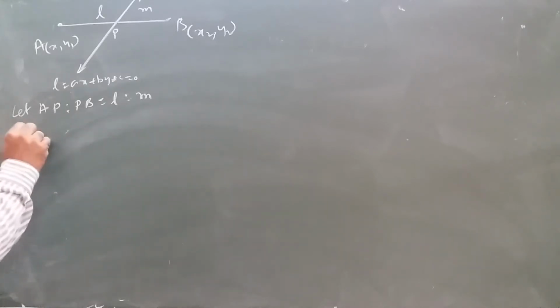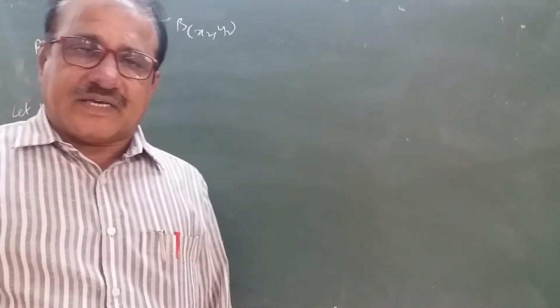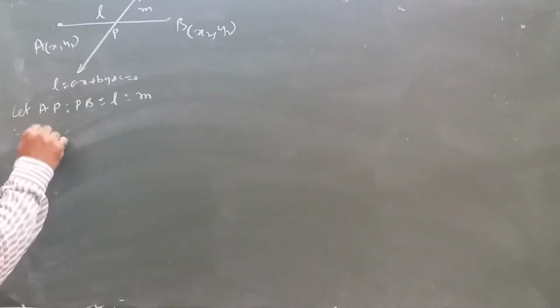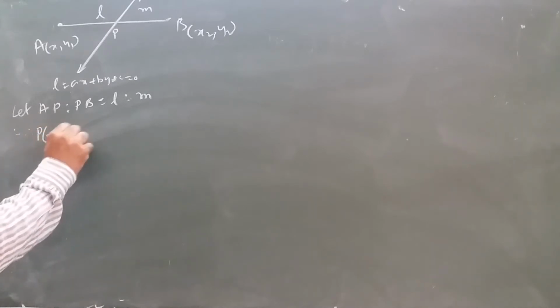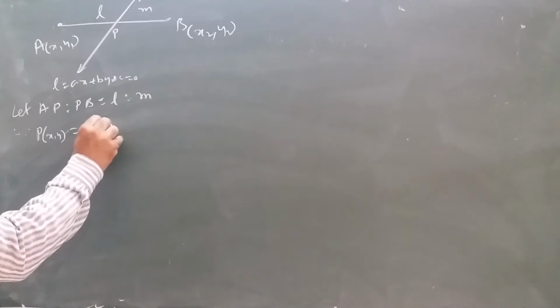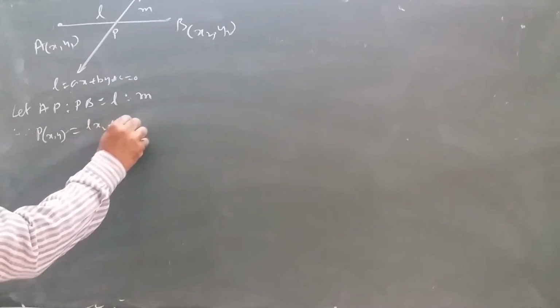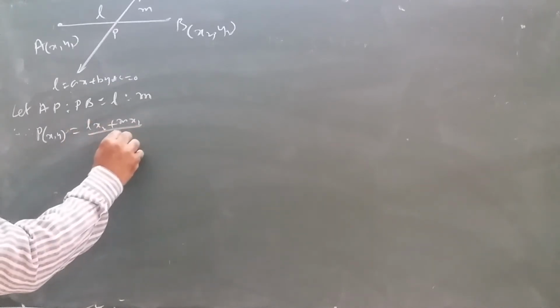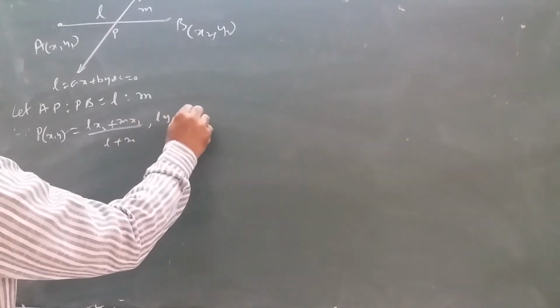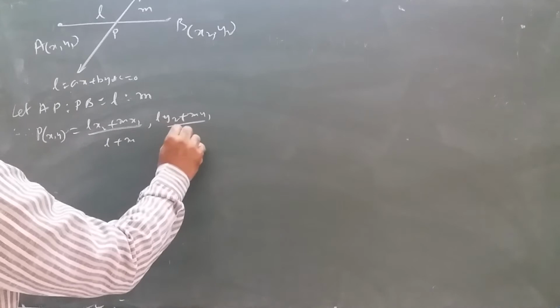The point of intersection, by the section formula, we can find the coordinates of P. Therefore, P(x, y) is equal to (l x2 plus m x1) by (l plus m), comma, (l y2 plus m y1) by (l plus m).